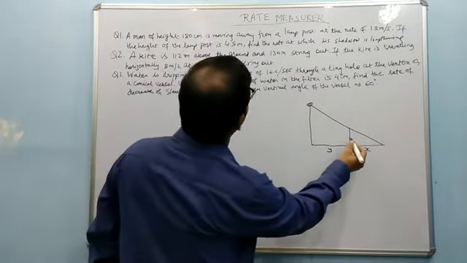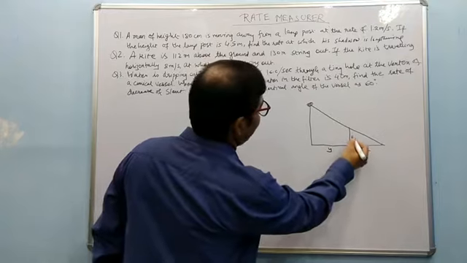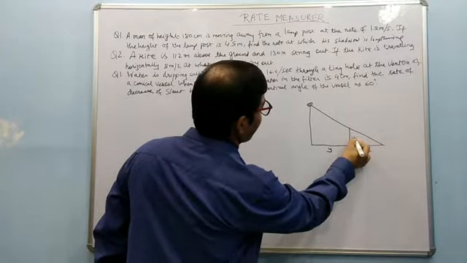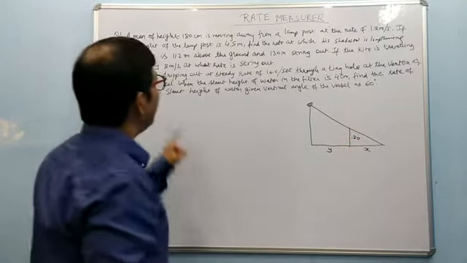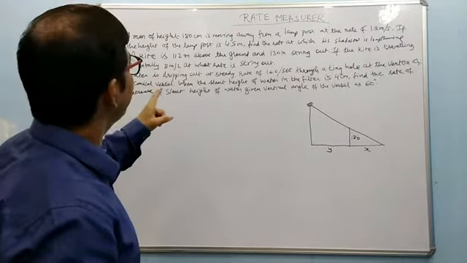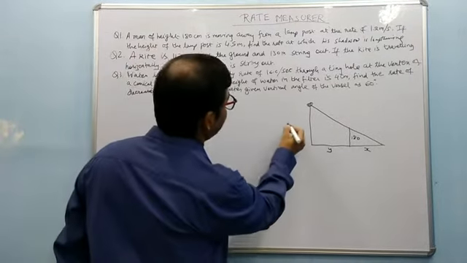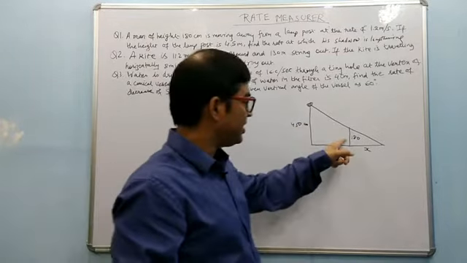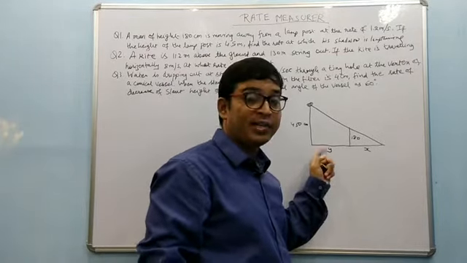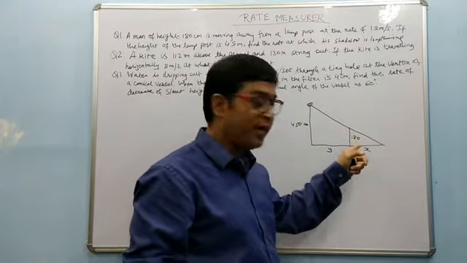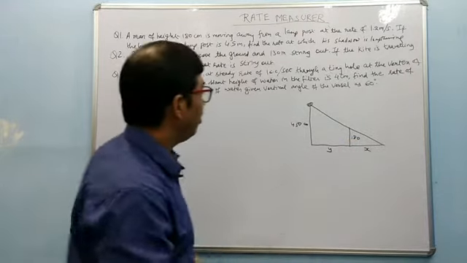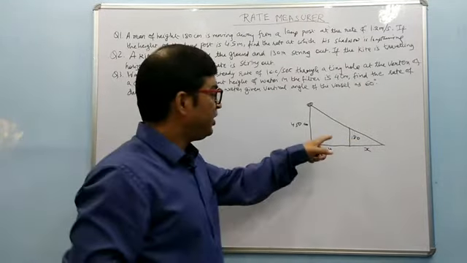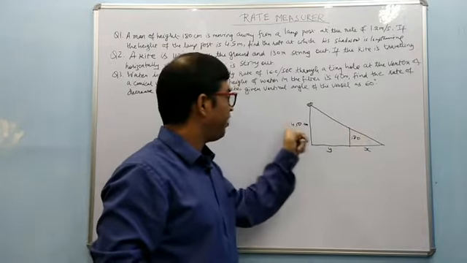So it is given the man's height is 180 centimeter and the lamppost height is 4.5 meter, that is 450 centimeter. If we are taking this in centimeter, we have to take that in centimeter as well. Otherwise, we have to take this in meter and this in meter. So we will establish a relation using similar triangles.